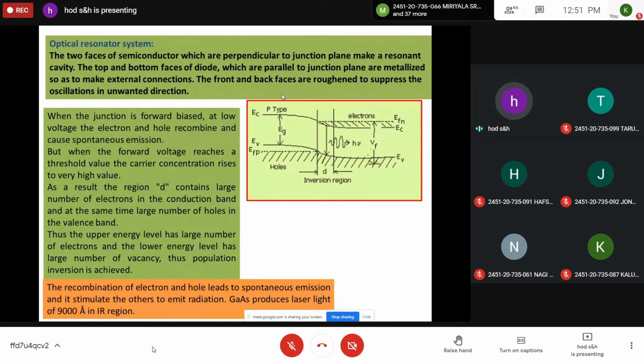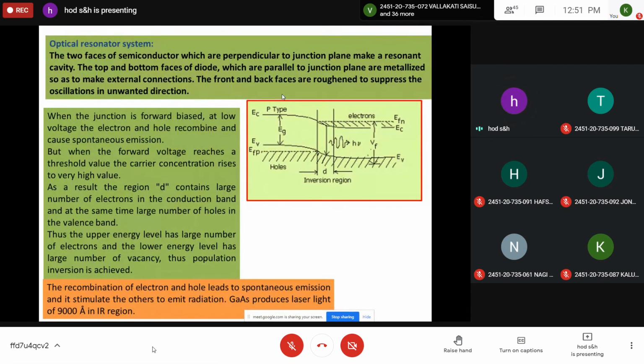The front and back faces are roughened to suppress the oscillations in unwanted directions. That means in those directions the output laser beam cannot escape. So in this way, the diodes are coated with metallic elements and also roughened to suppress the oscillations in unwanted directions.